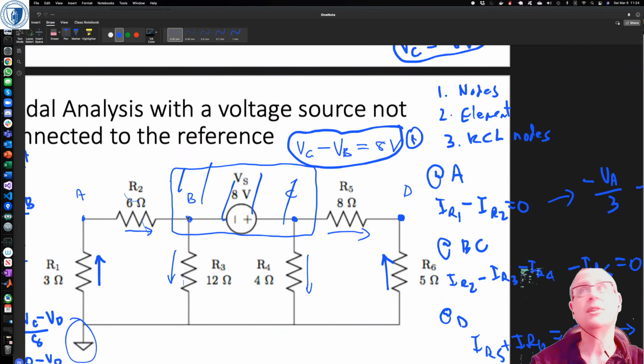Right, so what we've just figured out is that the voltage here is minus 1.672, and the voltage here is minus 5.016.